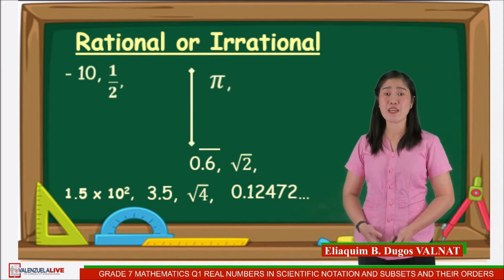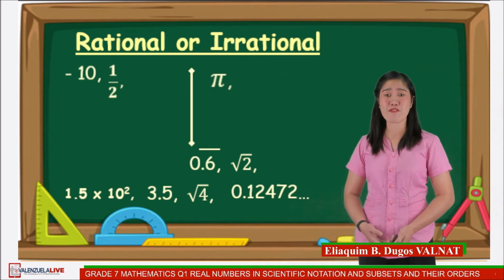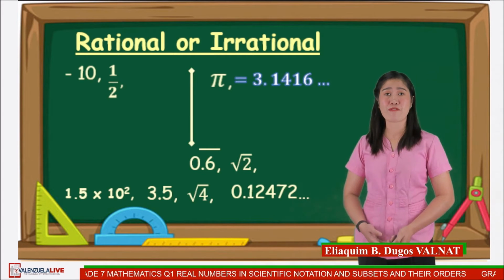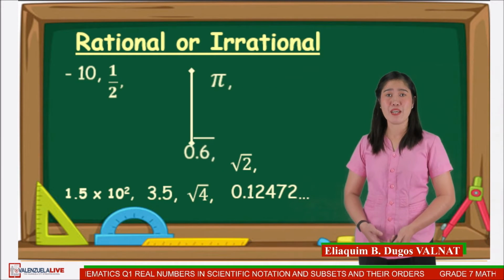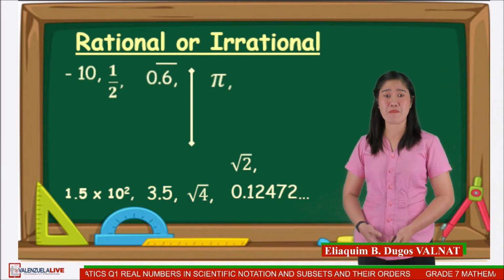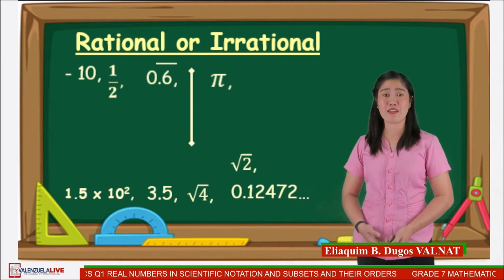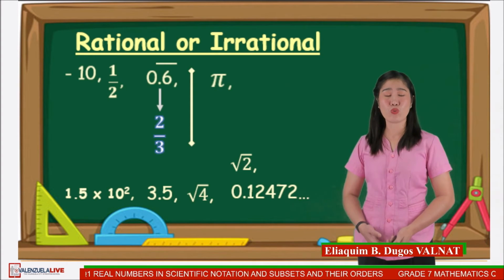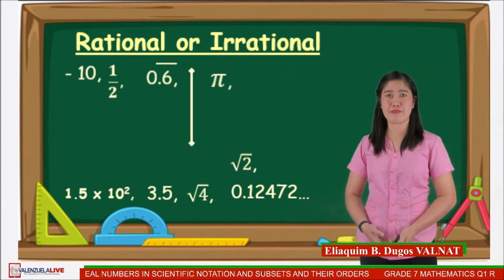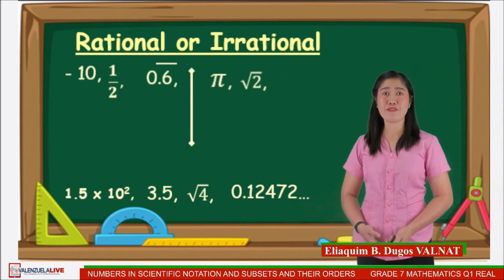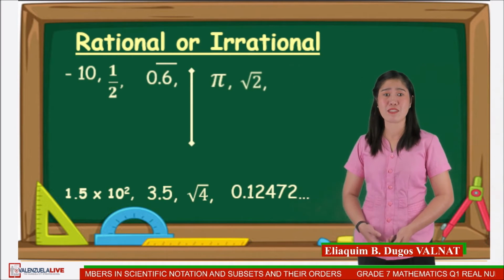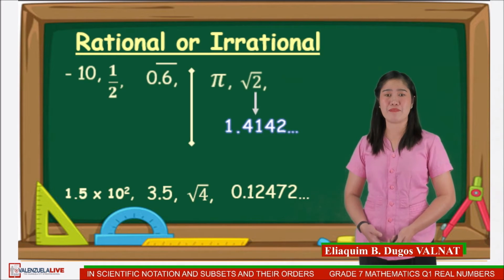Pi is irrational since the value of pi is 3.1416 non-terminating decimal. 0.6 repeating decimal is rational, that is equivalent to 2 over 3. Square root of 2 is irrational since it is a non-repeating and non-terminating decimal.